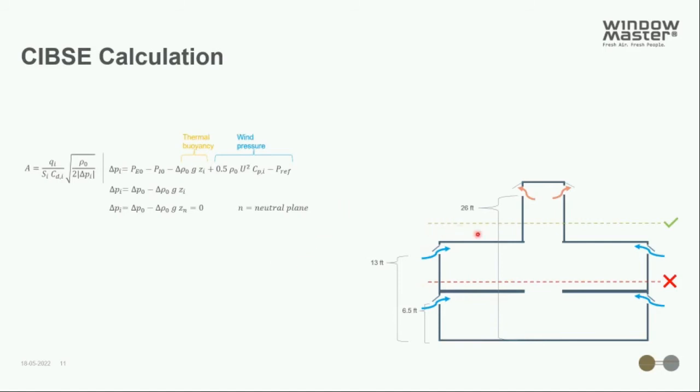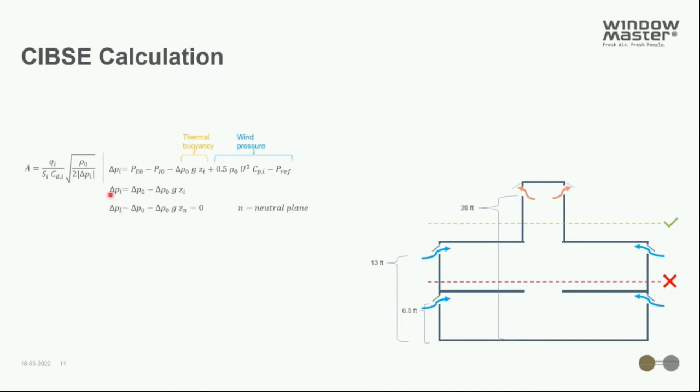To make sure the neutral plane is located at the right height, we need to look at the opening area of the clerestory at the top compared to the opening area of the facade windows. As a rule of thumb, the opening area of the clerestory should be approximately 1.2 times larger than the total facade opening area.